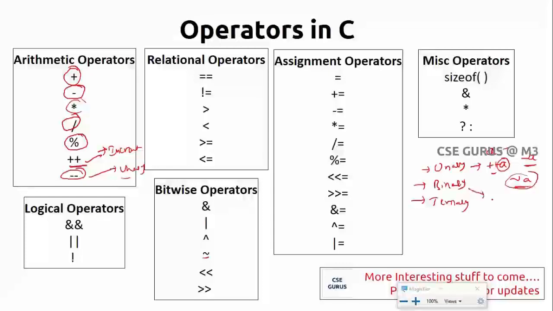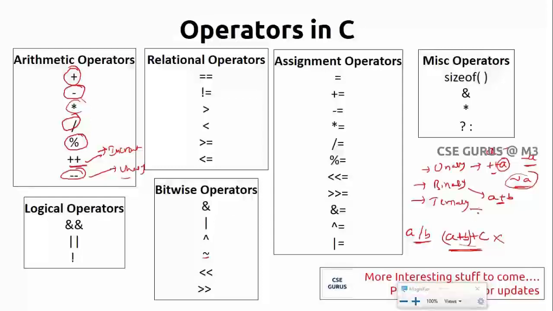The binary operators we know very well, a plus b. Plus is operating on a and b. I can also write a divided by b. What about a plus b plus c? Is it ternary? No, this plus is binary on a and b, and this plus is binary on the resultant and c, so this is also binary.